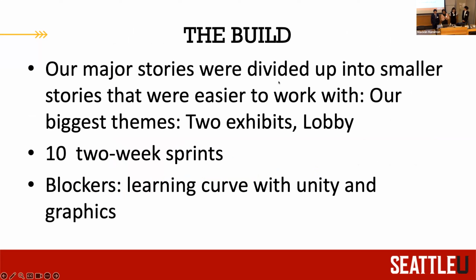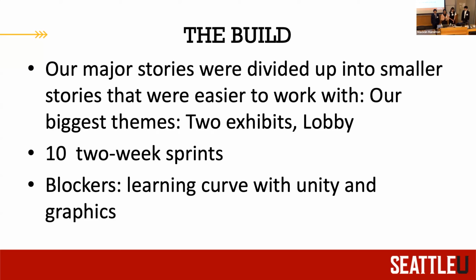For the build, our major story was divided into smaller stories that were easier to work with. We worked with 10 2-week sprints for the last 2 quarters. And our biggest themes were the 2 exhibits in the lobby. For us, we found blockers to be learning Unity, because none of us really had prior experience with Unity.